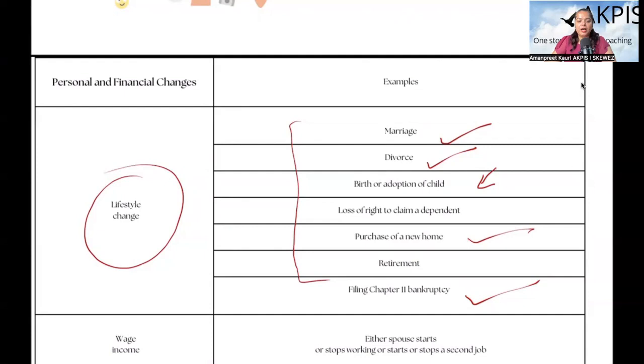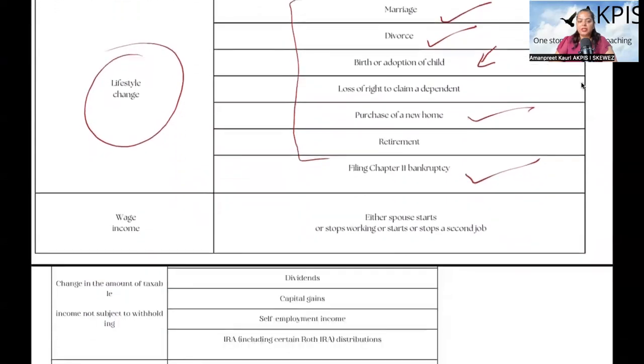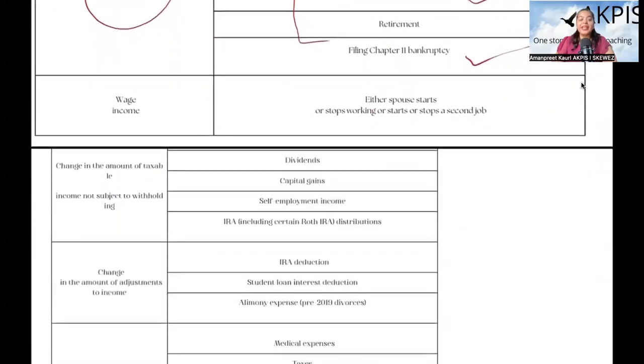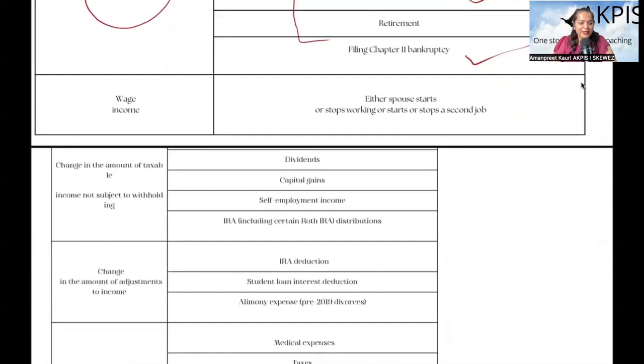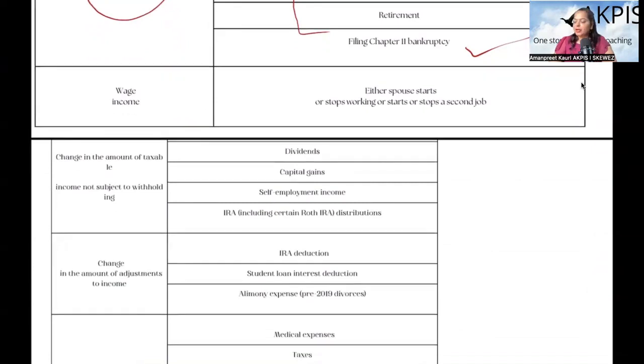If you are a head of the household, you can claim certain other beneficial deductions. So it is really very important to analyze personal lifestyle changes, because they have an impact on your tax computation. Ultimately, whatever tax you pay depends on what? In a nutshell, on your income, the deductions you are given, and the credits. By deducting all of these, your tax liability gets calculated.